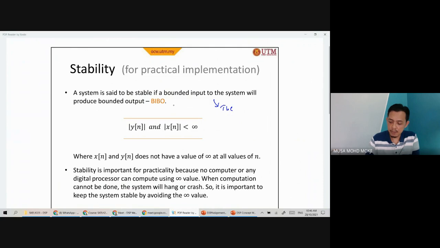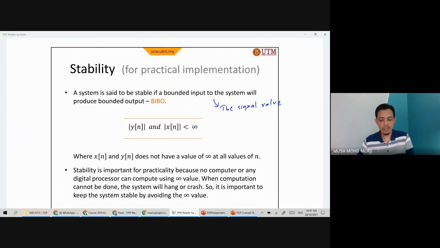The signal value, when I put it as a signal value, you need to imagine that this is the y-axis, right? The signal value is the y-axis. The index time is on the x-axis.